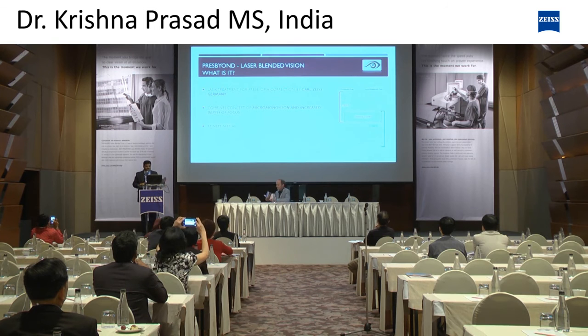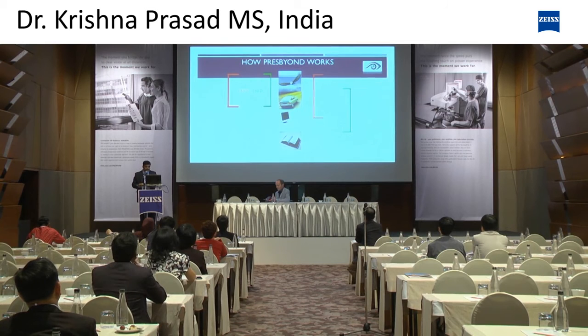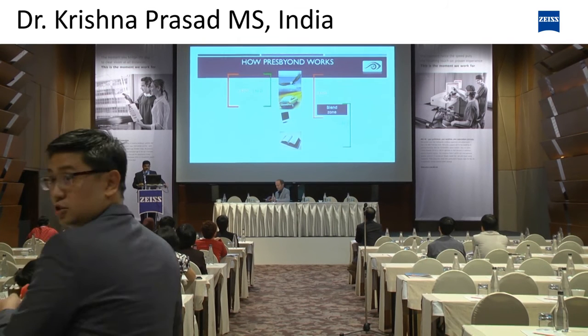But I just want to tell you the blend zone is nothing but where the vision from both the dominant and the non-dominant eye meets up, and the binocularity is retained. So, as I already said, we make the dominant eye emmetropic and the non-dominant eye myopic by 1.5 diopters.